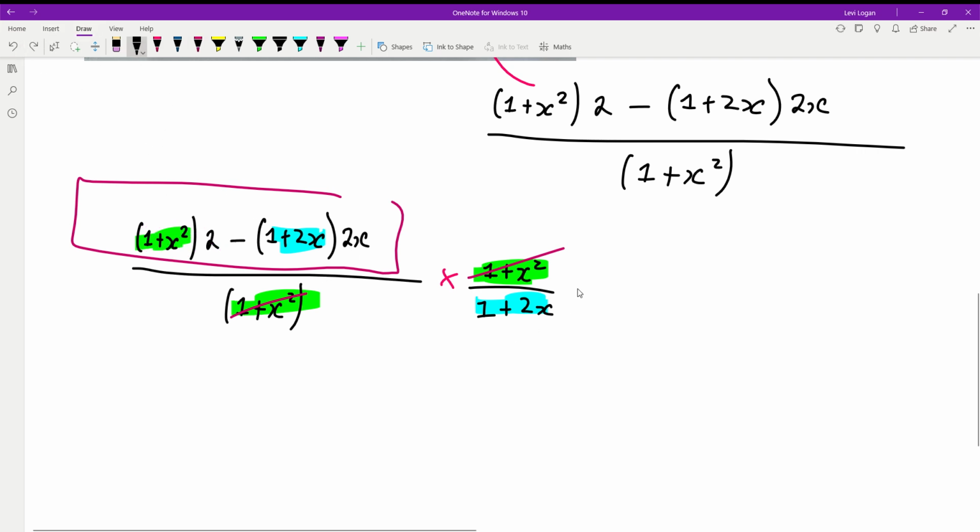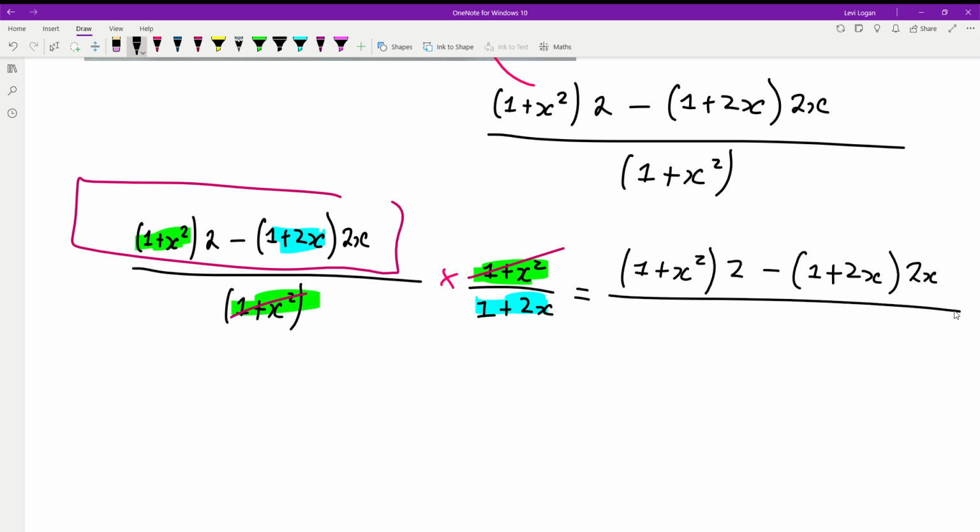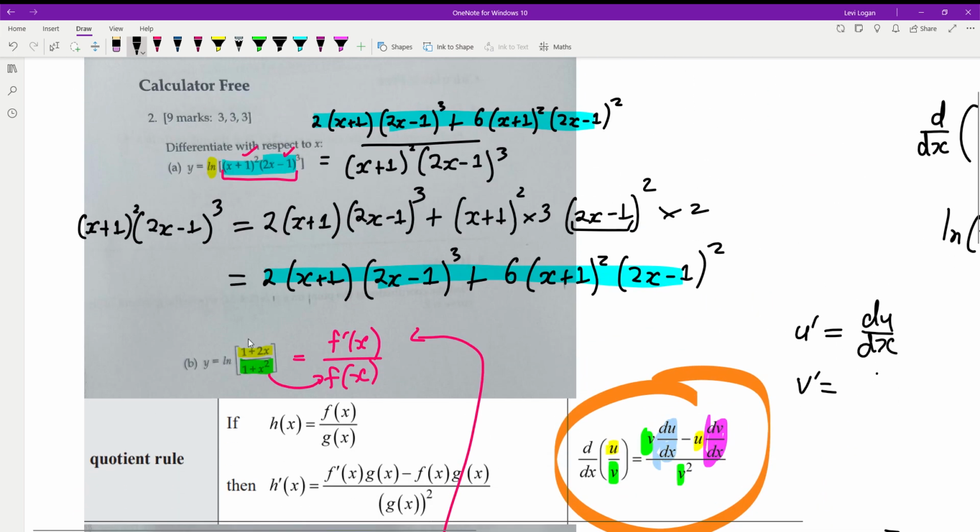So what we can only do is pretty much just write it like this. So 1 plus x squared times 2 minus 1 plus 2x multiplied by 2x divided by 1 plus 2x. And you can't cancel the 2x either because of that plus there, okay? And that's pretty much how you would differentiate b here, okay?